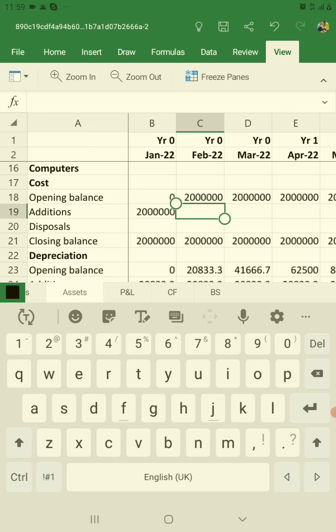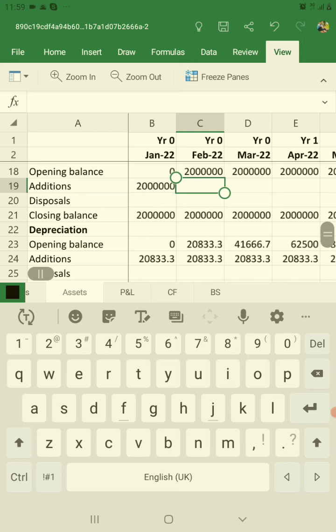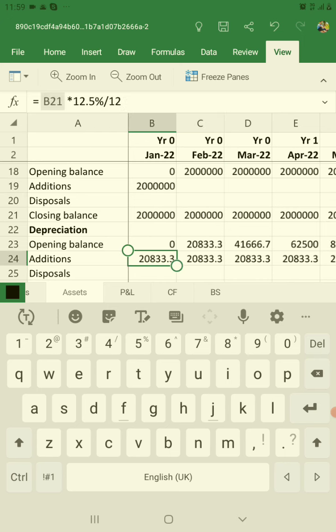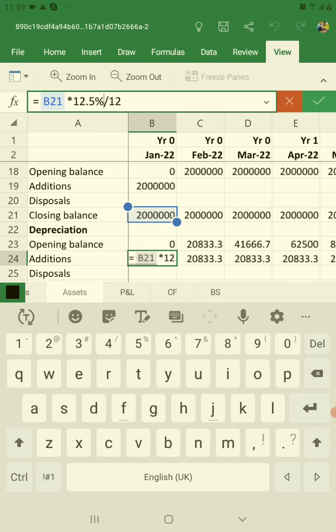And we go to depreciation component, and we change the formula for depreciation here, because right now it is 12.5%, which was for furniture and equipment. So we change it to the depreciation rate for computers, and this is normally 33.33%.